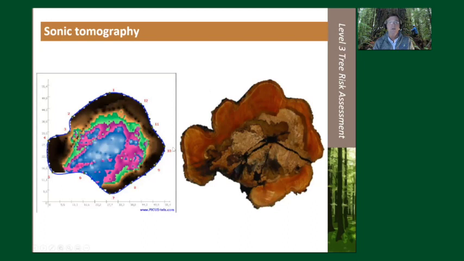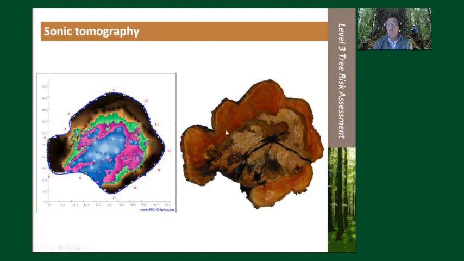And this is an image that's generated from the PICUS sonic tomography. There's a few others. And with the PICUS, the color scheme is brown is solid wood, green is some sort of transitional area, and the blue or violet is areas where sound doesn't travel well. It doesn't necessarily mean it's a cavity.